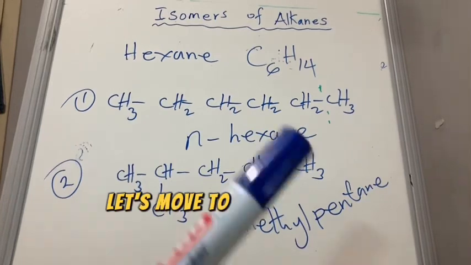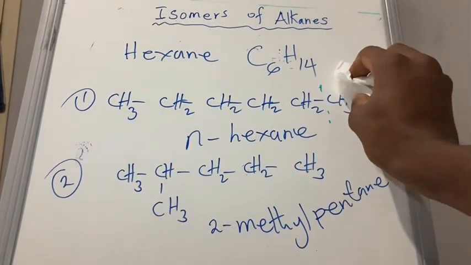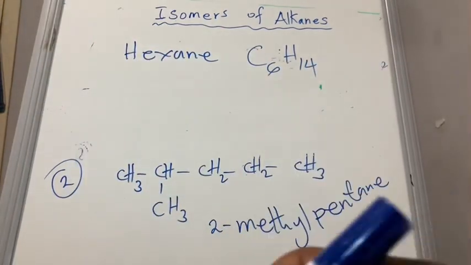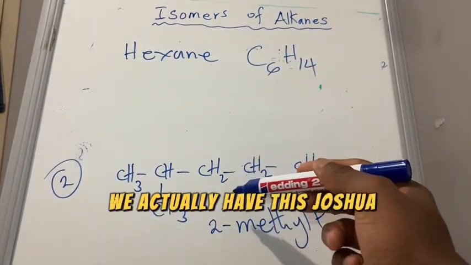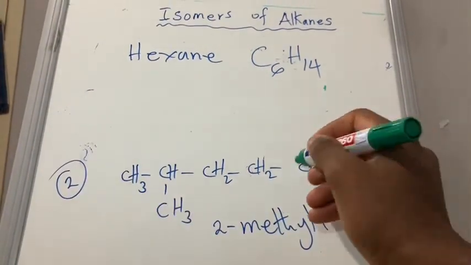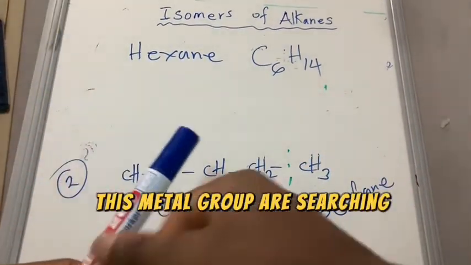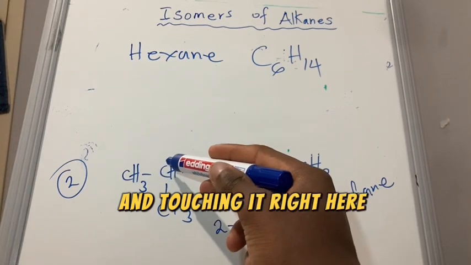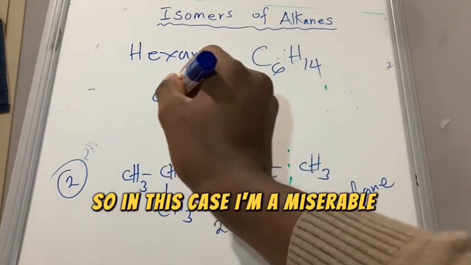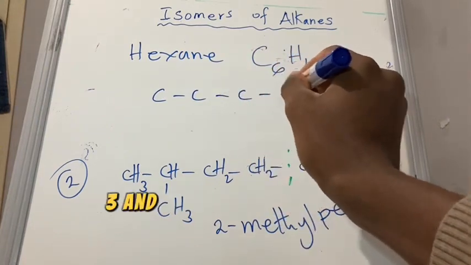Let's move to the next isomer. We actually have this structure. I'm going to take this methyl group as a branch, attaching it around here. So in this case, I'm going to draw 4 carbon: 1, 2, 3, and 4.